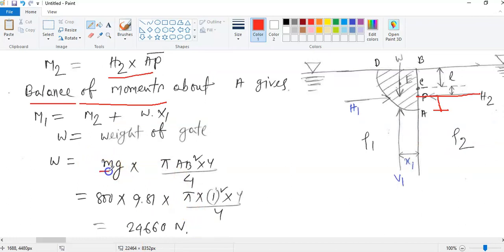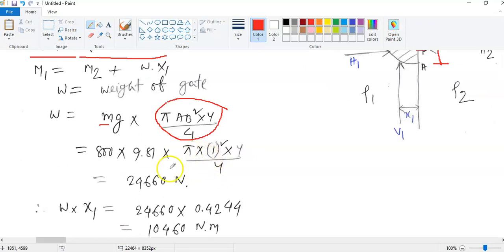The mass of the fluid and the gravity is the only body force acting here, and this is the volume. The volume is divided because we are only considering the first quarter of the circle. So now substitute all the values and you will get W, the weight. You already know this x, the distance.